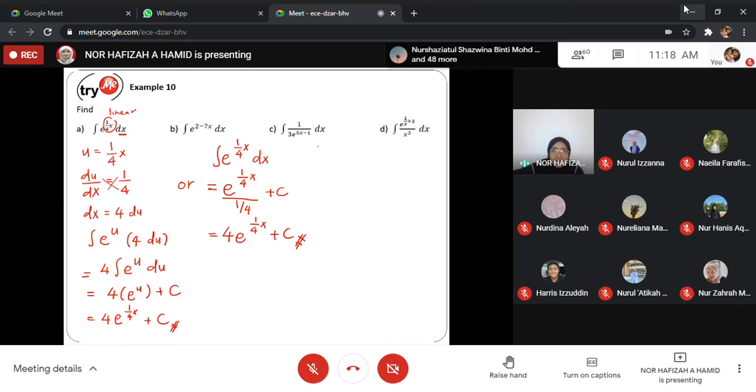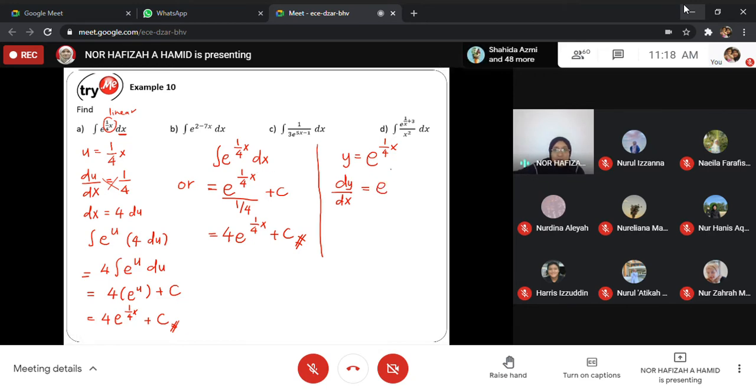I also want to compare with differentiation, so that you don't get confused with the formulas. If I take the same function, but I want to differentiate: for example, you have e to the power of 1 over 4x, and I want to find dy over dx. This is chapter 1, dy over dx. For differentiation, the first step is the same as integration: you copy your function first, e to the power of 1 over 4x.